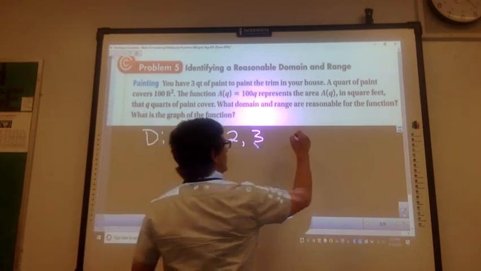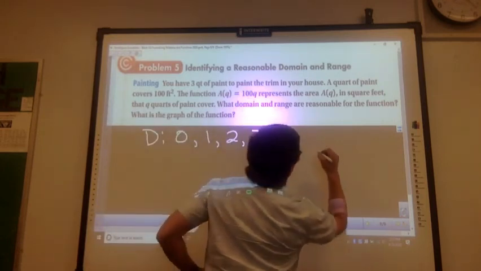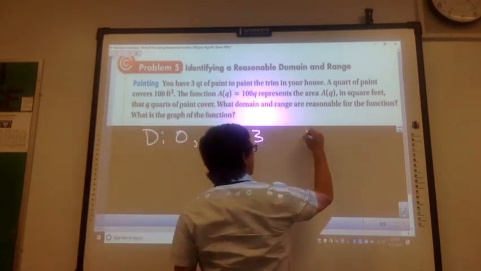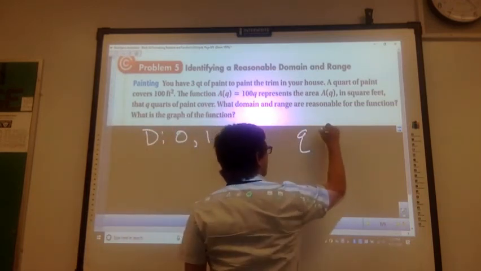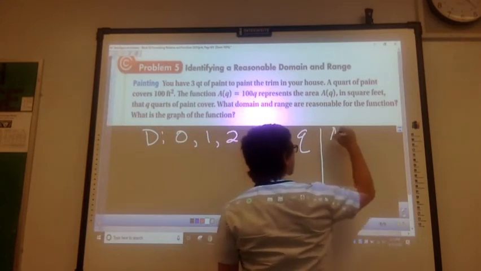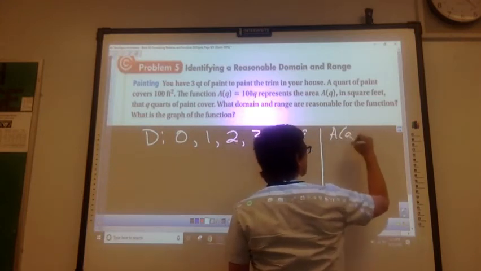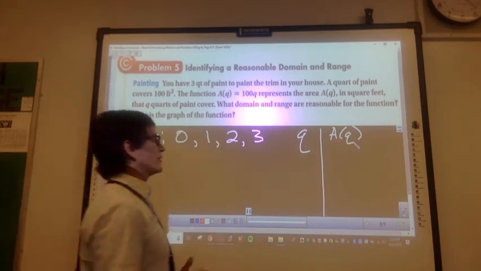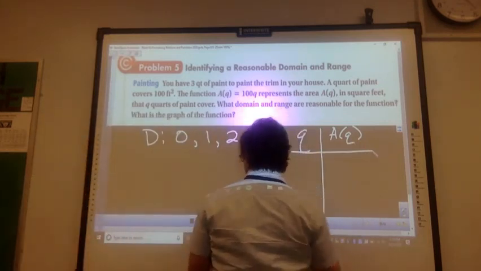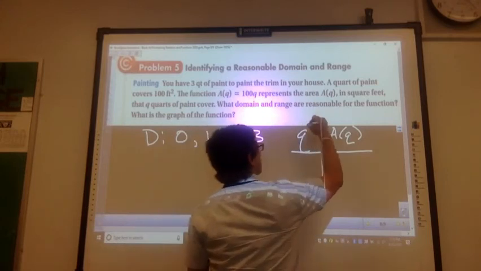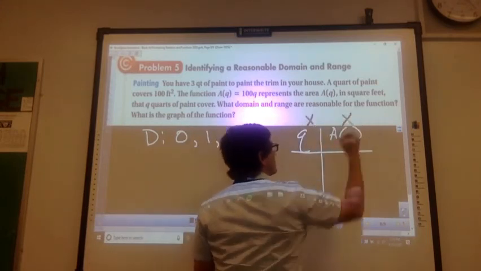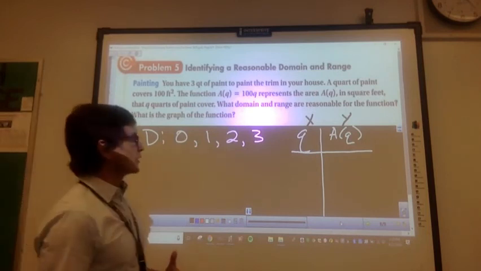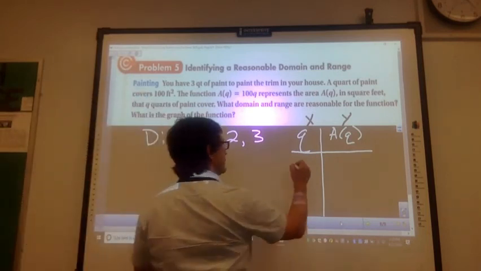I'm going to do that by making an XY chart, or in this case, Q for quarts, and then A of Q is the area covered by those quarts. So again, if it helps you to think about the Q as the X and the A of Q as the Y, because you like that in graphing, that's fine.